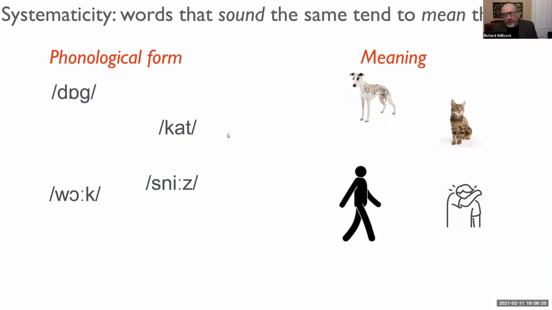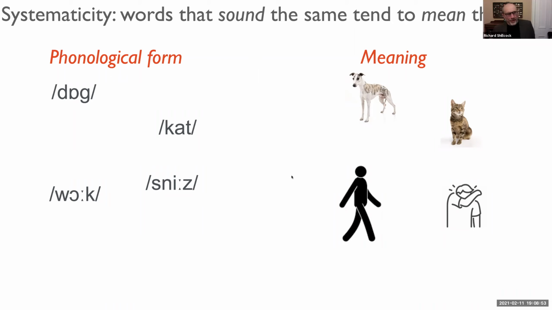We're still looking at that. Korean is a really interesting language to look at for reasons I'll explain later, but the orthography of Korean is especially interesting. So we've got these four words in this toy example: dog, cat, sneeze and walk. These are the phonemic transcriptions of them, and these are the meanings of them here: a dog, a cat, and walking and sneezing.